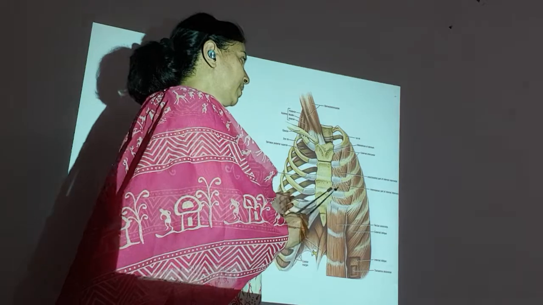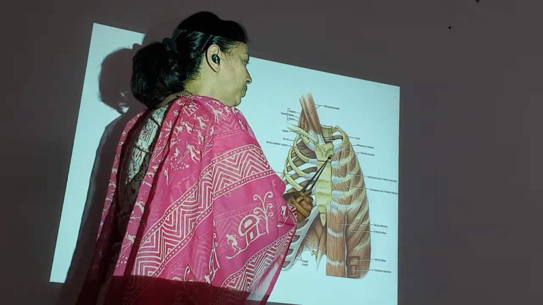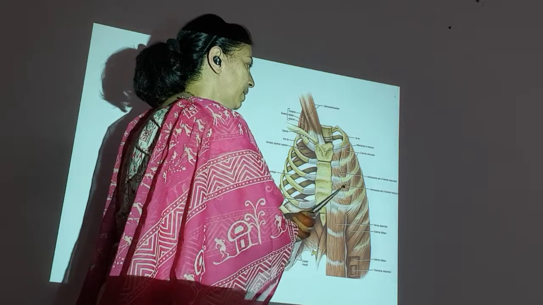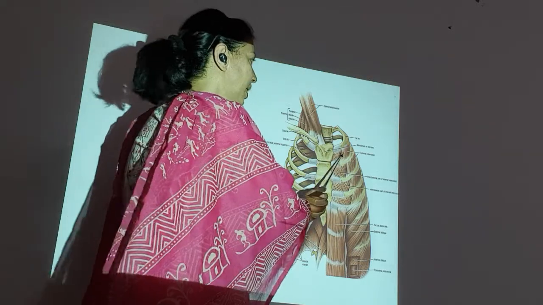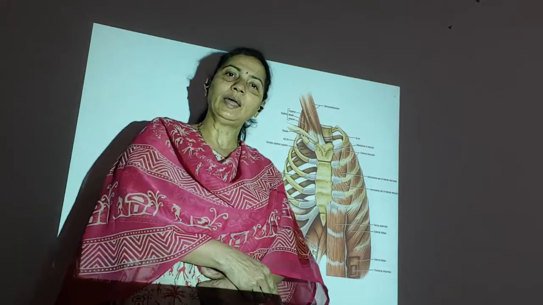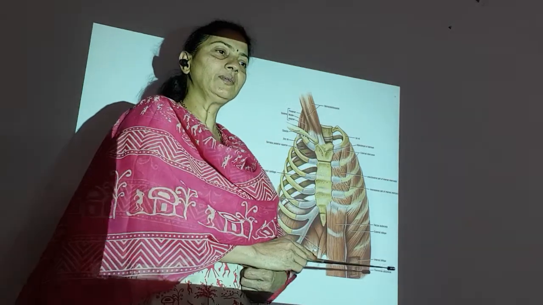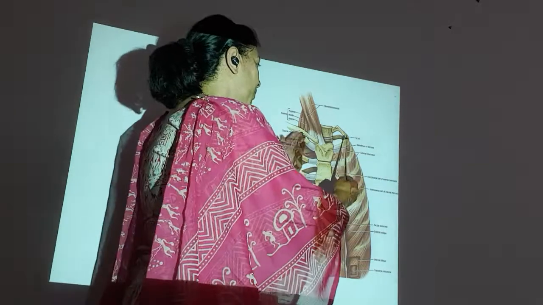And from this diagram itself you can see that it is not coming up to the sternum. See, we have got a gap here. So this gap will be covered by the aponeurosis, and so that will be called anterior intercostal membrane. So external intercostal muscle, it is going to start from behind.